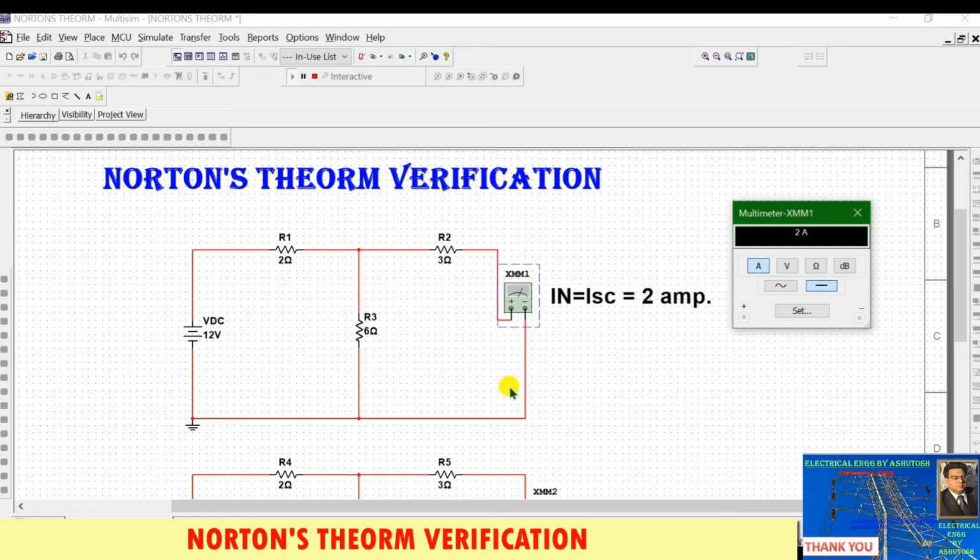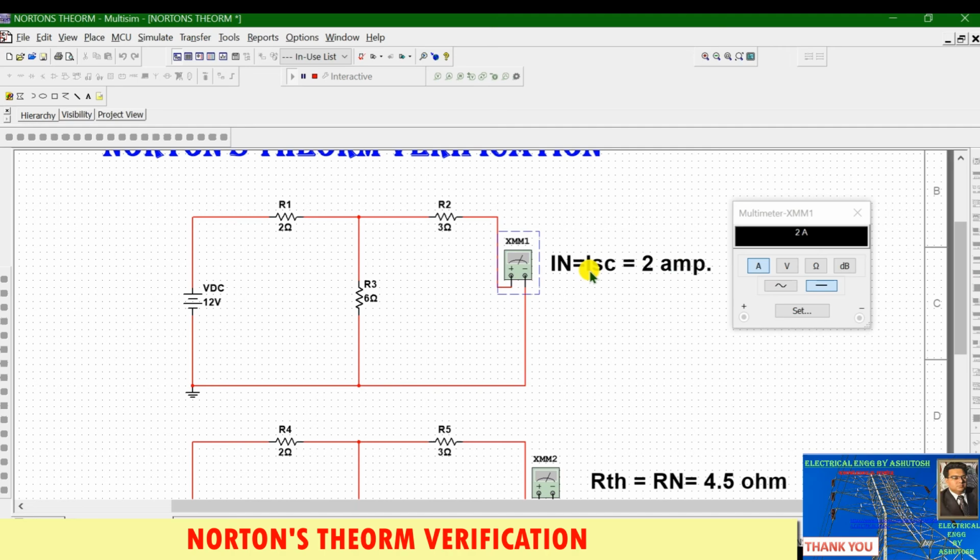It verifies the calculation. We already found the value 2 ampere Norton's current, and this multimeter, working as an ammeter, will tell the reading of current. As you can see, 2 ampere is the answer. So this was the Norton's current or short circuit current.